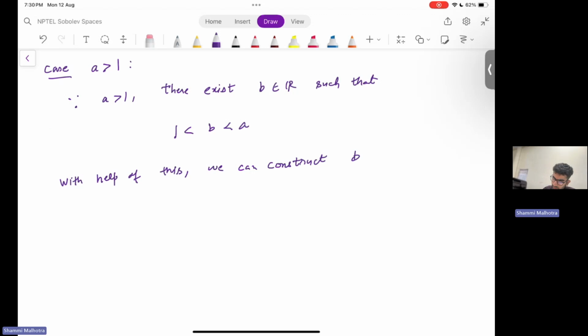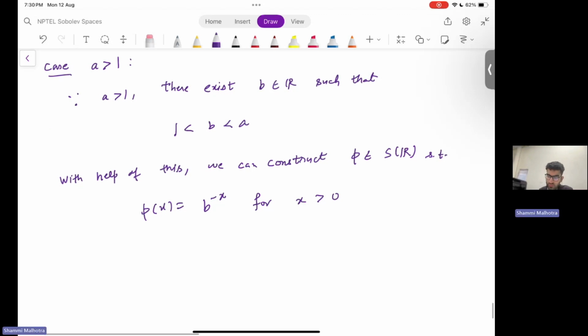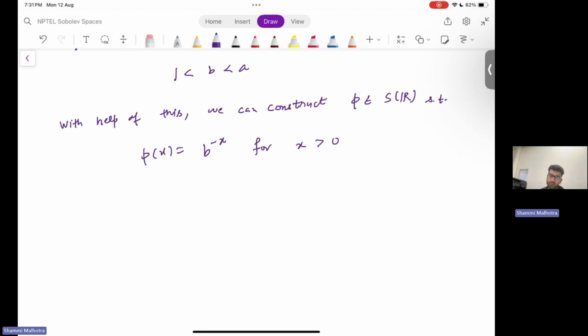We can construct a phi in the Schwartz space such that phi of x is of the form b raised to the power of minus x, for x positive. So it's like e raised to the power minus x, the same thing, but instead of e we have some b. Now we will try to evaluate our series on this phi.